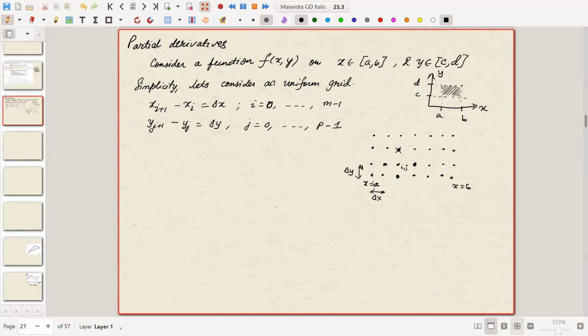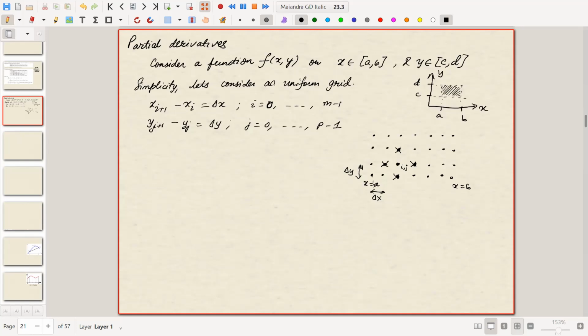I have marked those with a cross. If you want information about derivatives at the point i, j, you need the information at the left, right, top, and bottom. Based on that, we will write our equations. That's a very fundamental idea regarding partial derivatives.